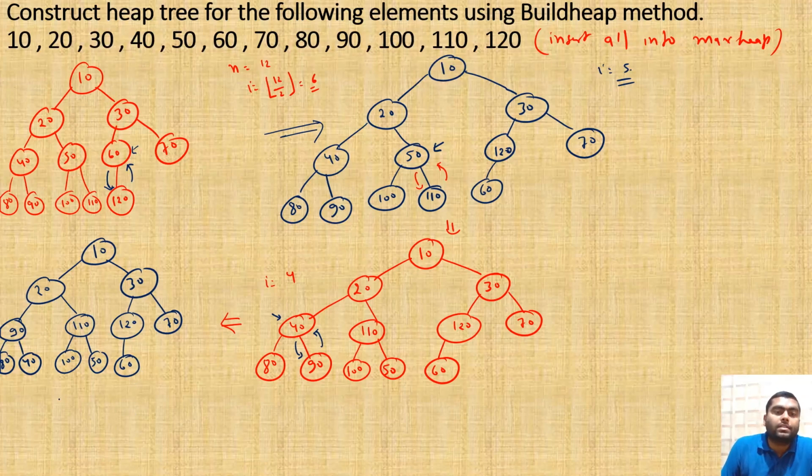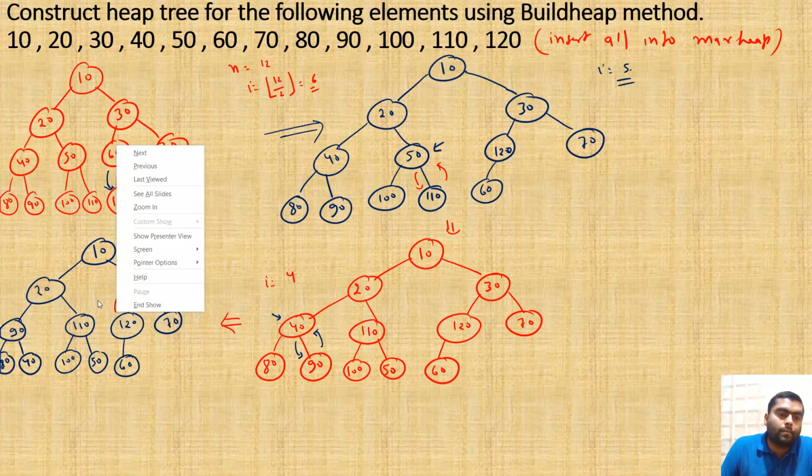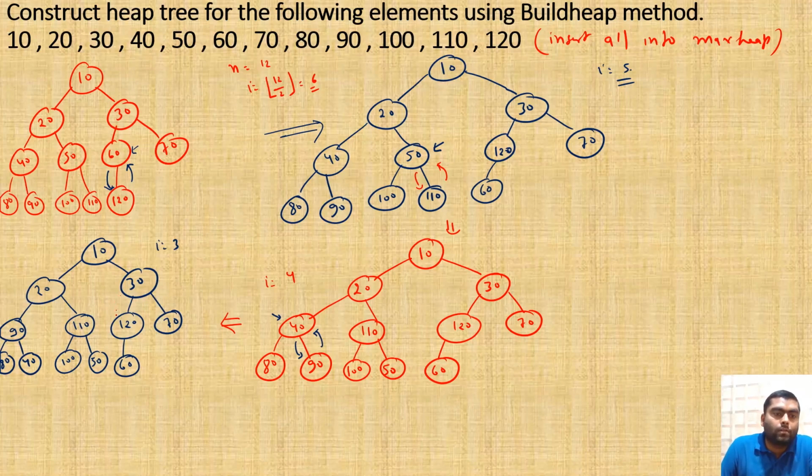Okay, now the next value is i equals 3, this one. So what will happen? For i equals 3, this is not a max. So the changes will be that 120 will come to this place, and also 60, and 30 will go downside. So two interchanges will be there.